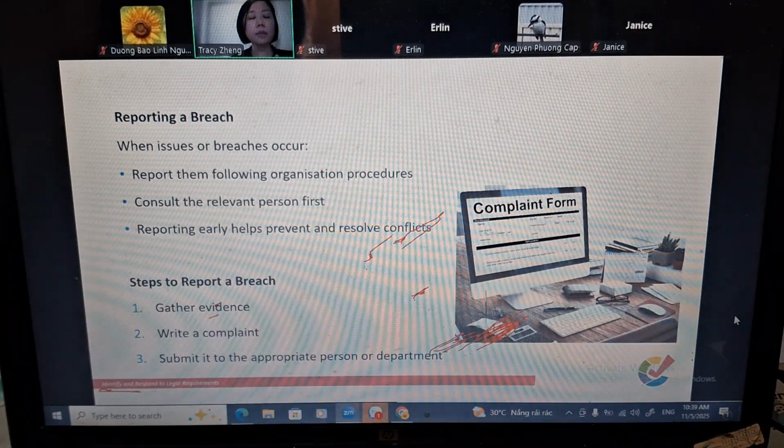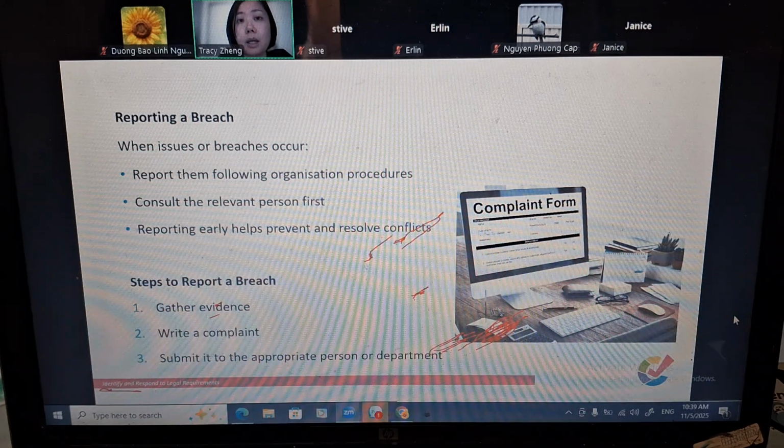And here at the bottom of this slide is showing you the steps to report a breach. Firstly, collect as much evidence as you can, right? But you don't have to wait until you get all of that evidence, because sometimes evidence takes time.